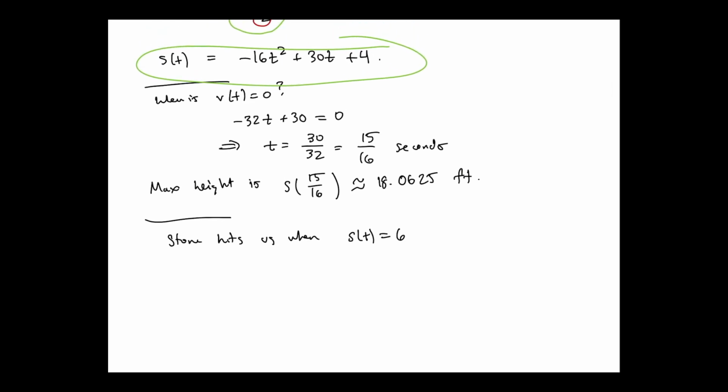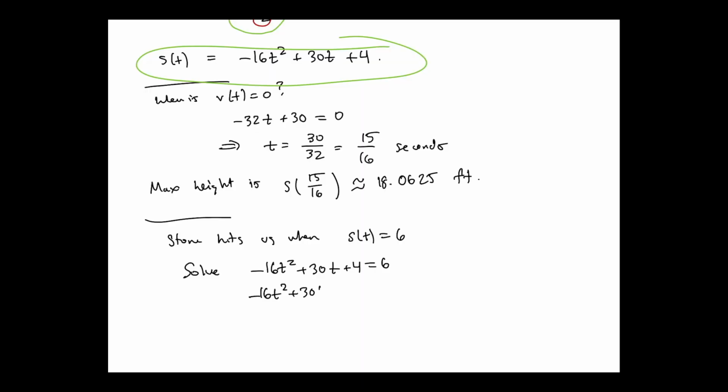Well, I need to just solve this equation for 6. And obviously I could pop that thing over and say when is this thing equal to 0, just to do some simplification. So let me have the computer do this real quick.